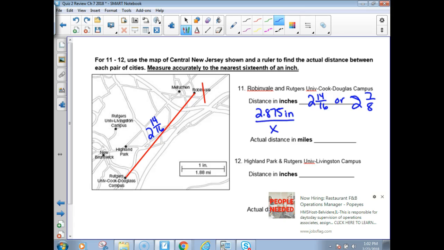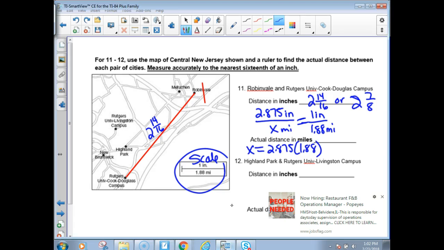We want to know how many miles that is, and we go to the scale on the map, and we see that 1 inch is worth 1.88 miles, so we set up a proportion. 1 times x, x times 1 is just going to be x, and we're going to be doing 2.875 times 1.88.